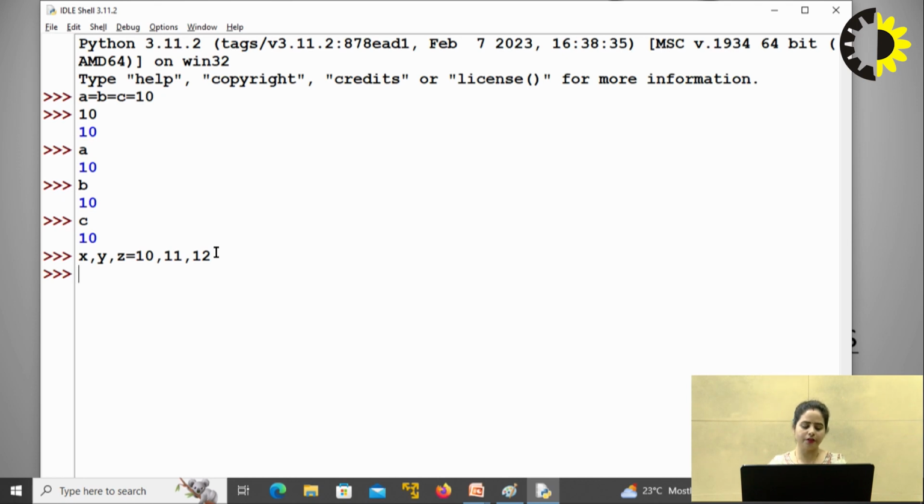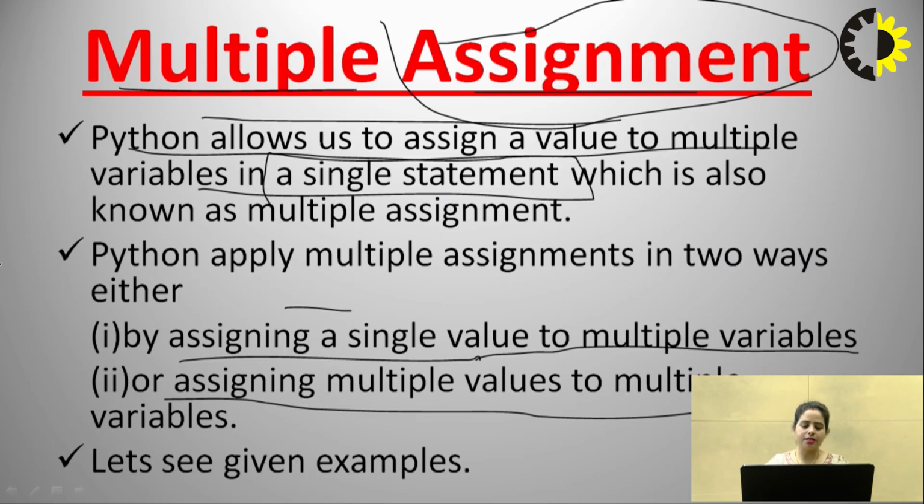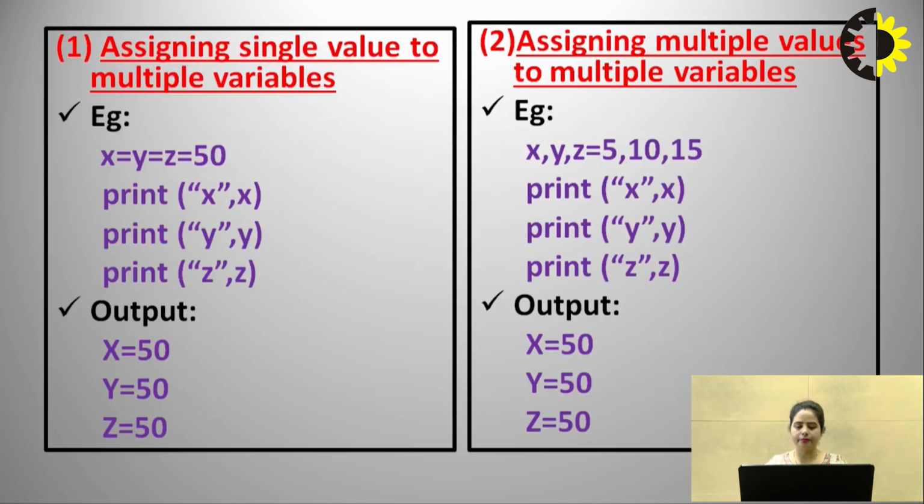Now let's check the value of x: 10, y: 11 and z is equal to 12. What is this called? This is called assigning multiple values to multiple variables. If we are assigning a single value to multiple variables, then we use the is equal to operator, and if we are assigning multiple values to multiple variables, we use a comma.